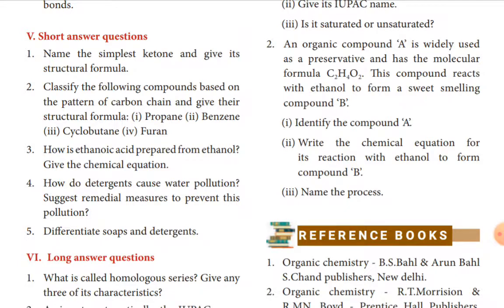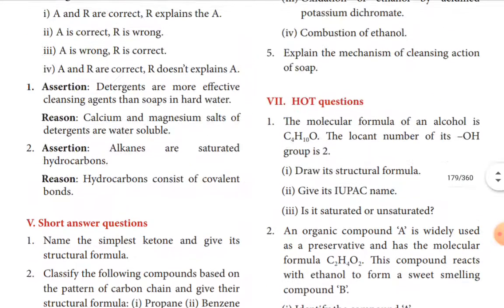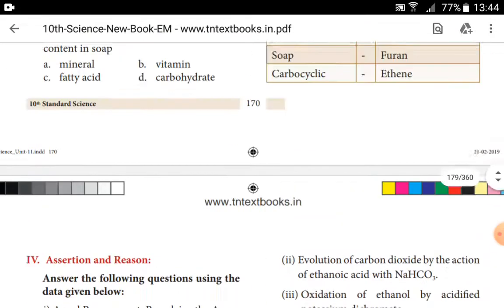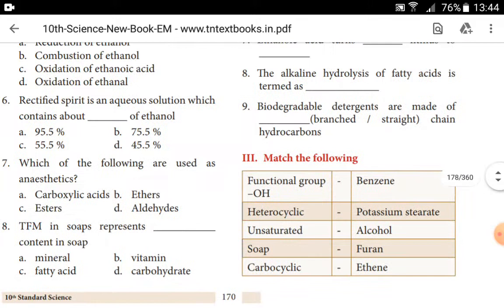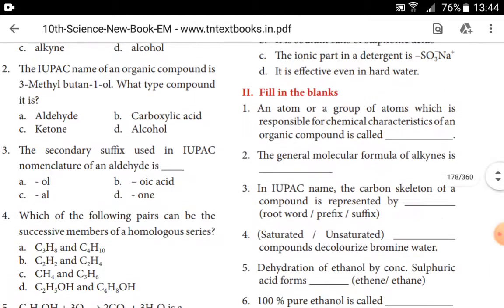So you have to go through all these, and I will send an objective question. You have to sincerely write the answer, and write your name, class, section, roll number.